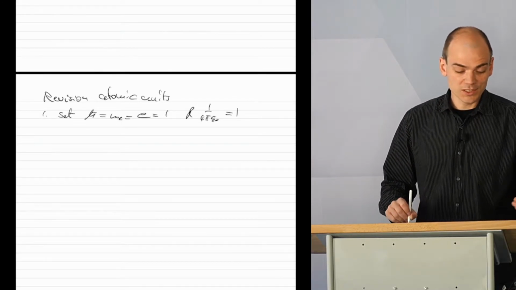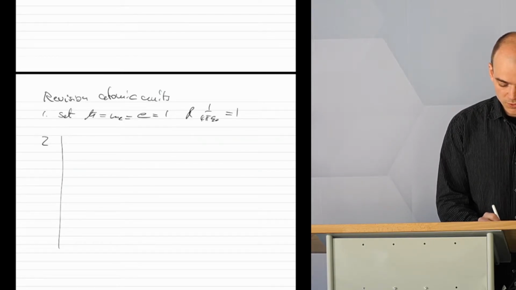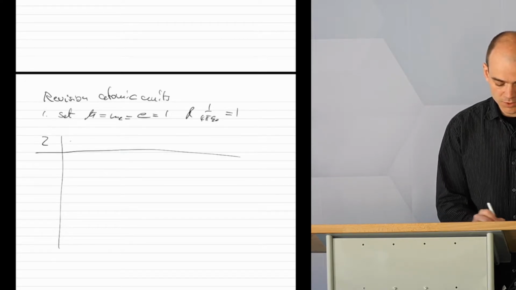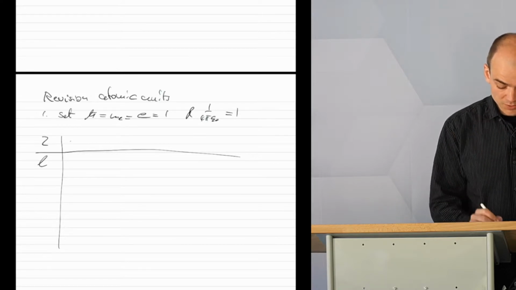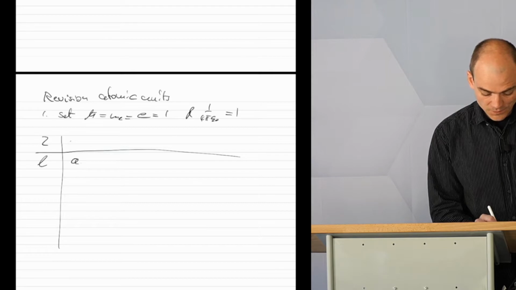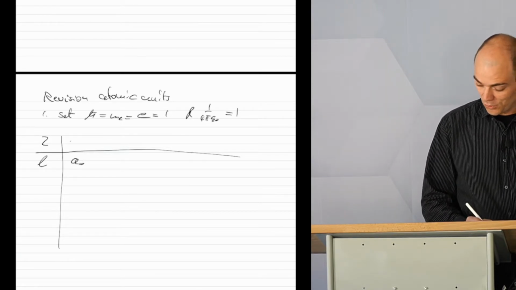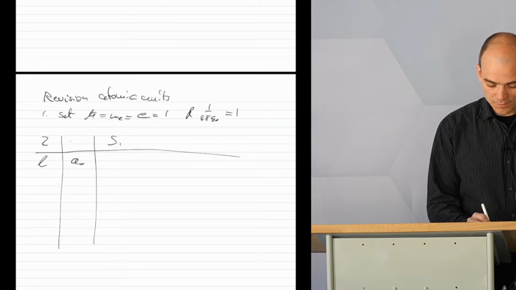And then we can actually build a table. We put in this table the atomic unit. So for example, length. This one we introduced, and this is now a Bohr length. A Bohr length is actually, the common symbol is a naught. And then we have the SI unit value.